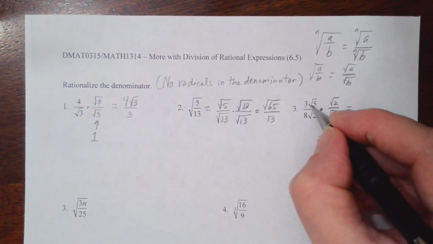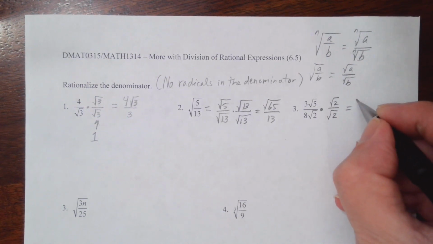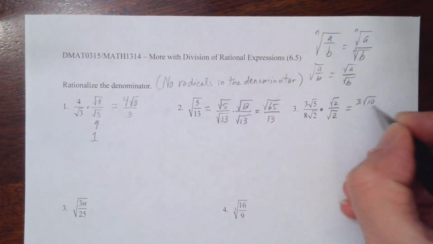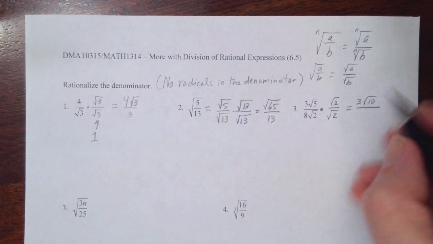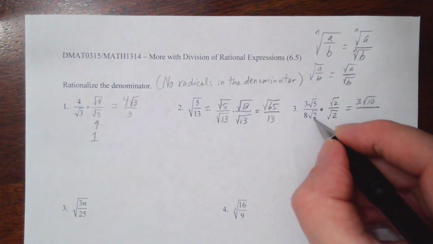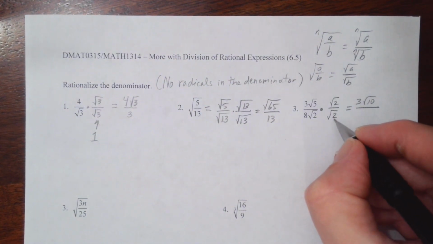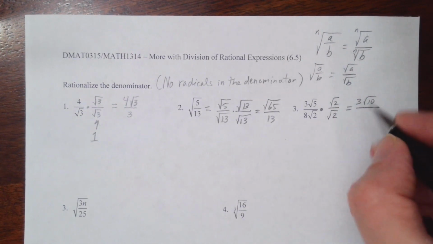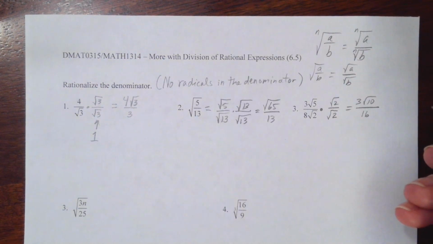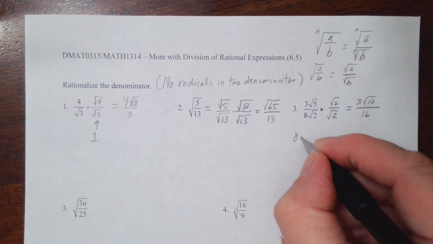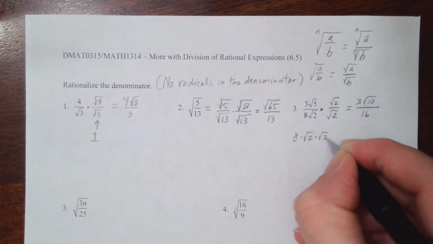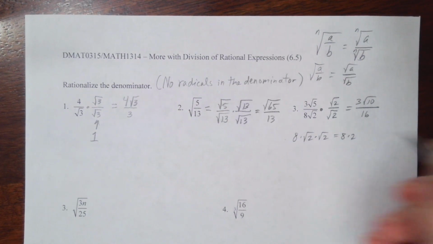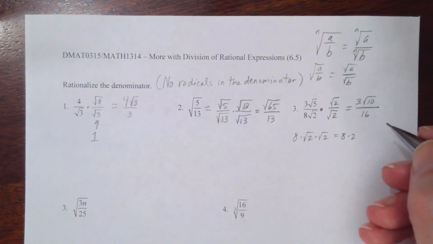Now remember, the radicals can be multiplied together, but that 3 is just going to have to be out front. So we get 3 square roots of 10. And then here, remember, square root of 2 times square root of 2 is 2. And then that 2 is multiplied by 8. And so we're going to get 16. So 8 times square root of 2 times square root of 2 is 8 times 2. And that's how we're getting the 16.